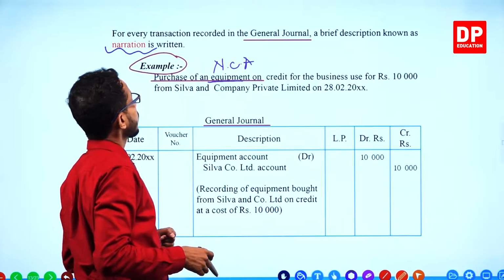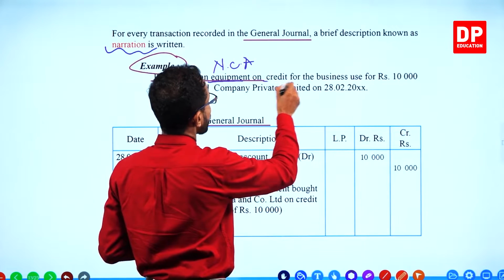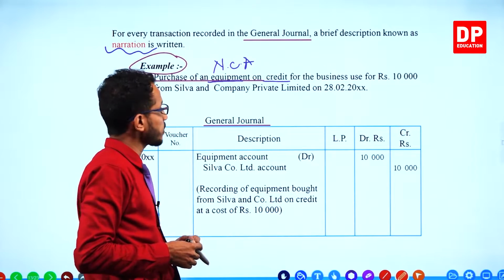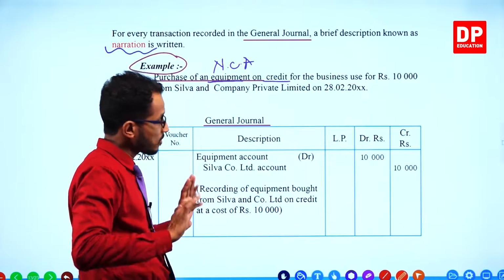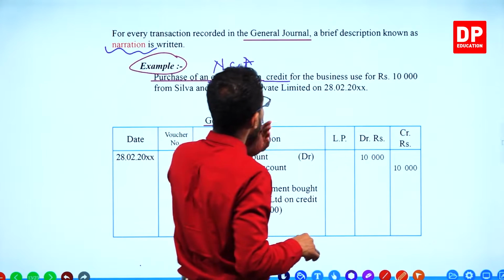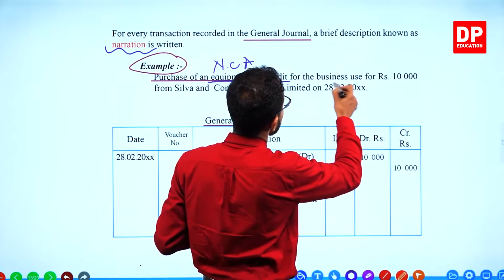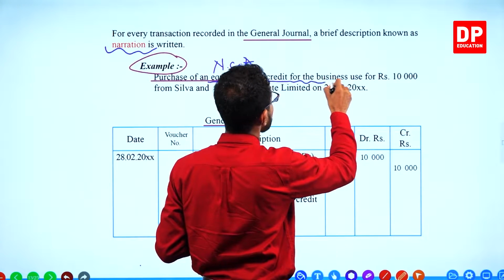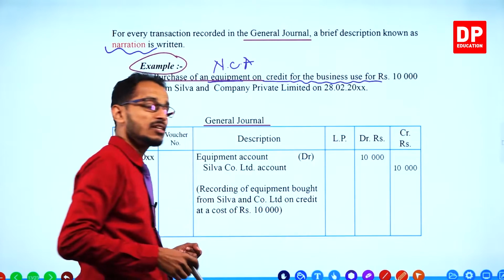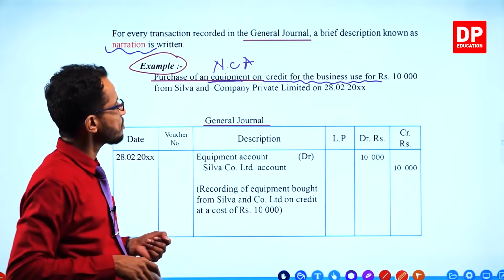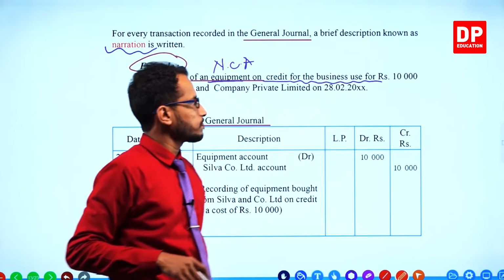And it is done on credit. Purchased on credit. All right. For the use of the business, not for reselling, okay? 10,000, that is the value.